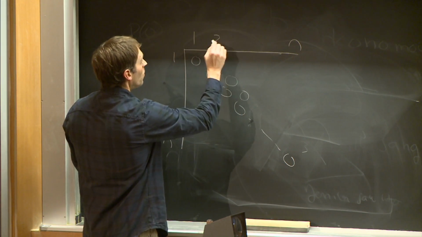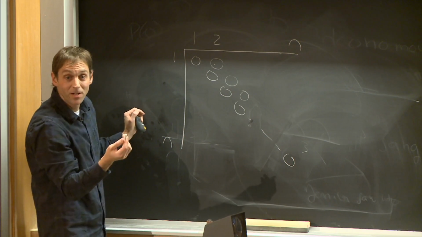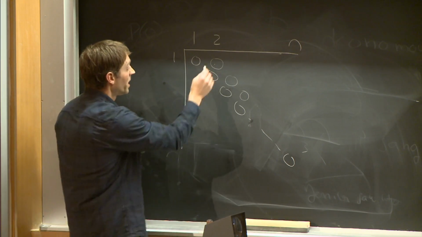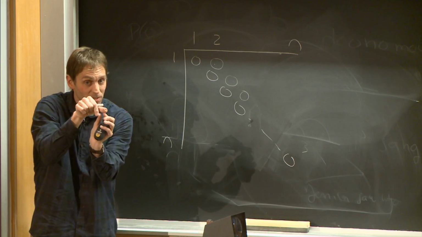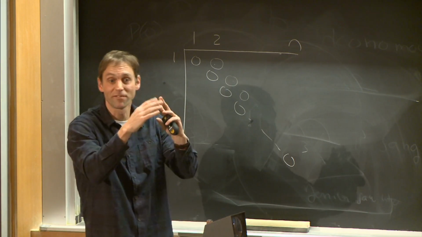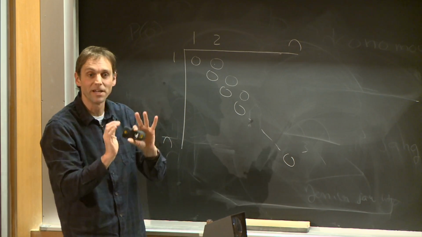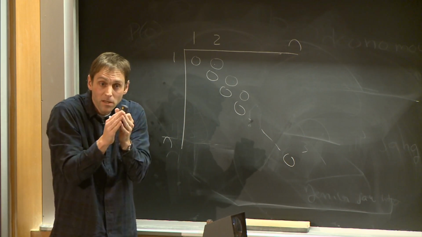So 1 versus 2, we consider, could 1 pair with 2? And could 2 pair with 3? Those are like little bits of possible RNA secondary structure. Again, we're ignoring the fact that loops have to be a certain minimum length. This is a simplified case. And then you build outward.